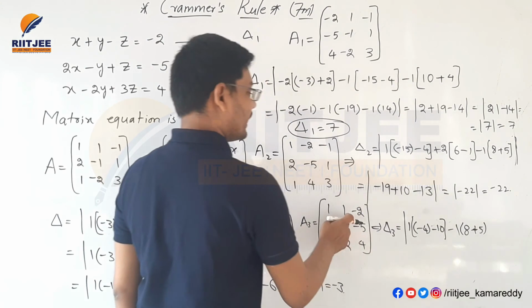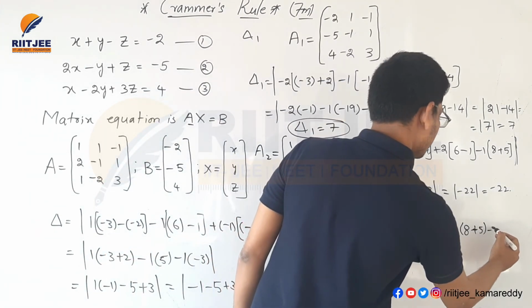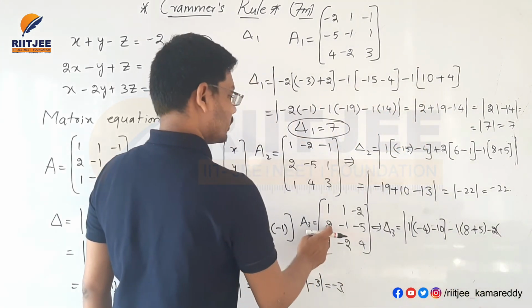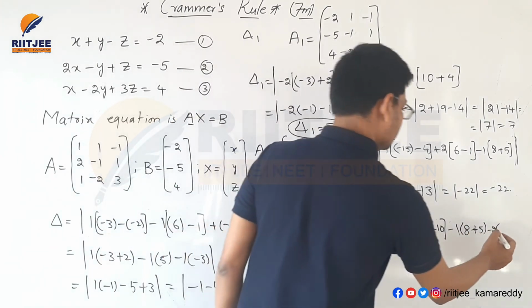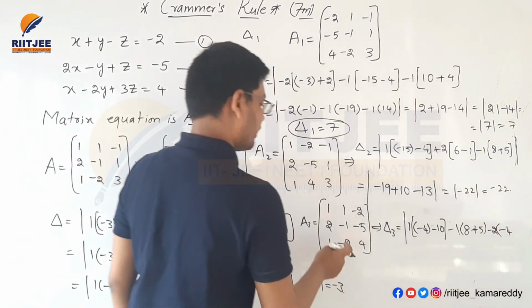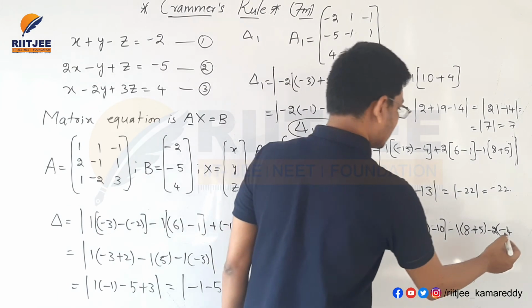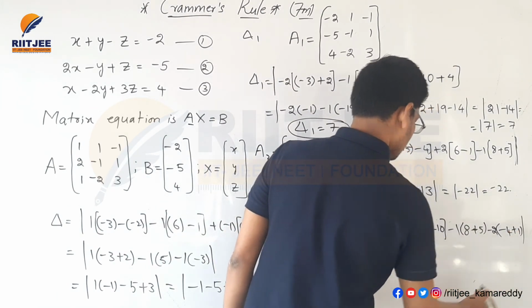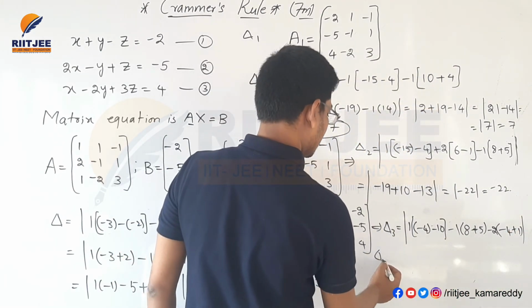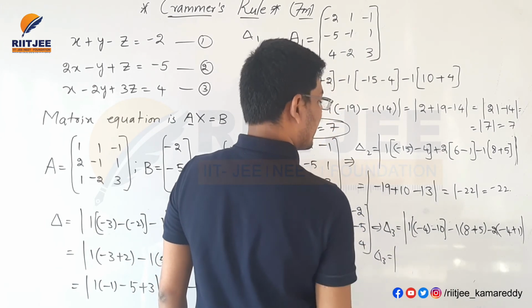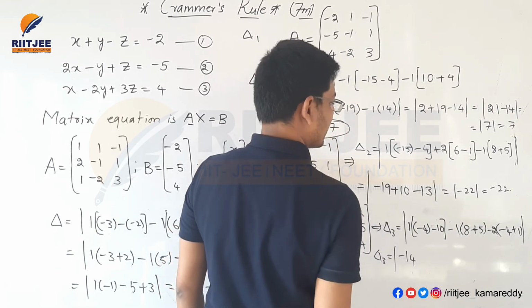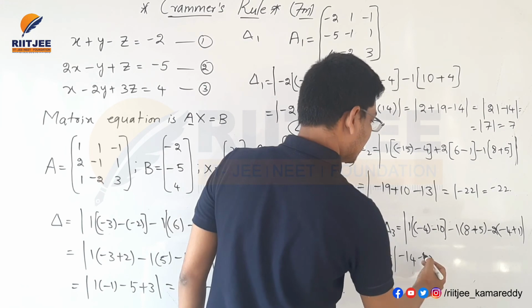Next -2 into -2 into -2 is -4, 1 into -1 is -1, minus of minus will become plus 1. So delta 3 is equal to -14.